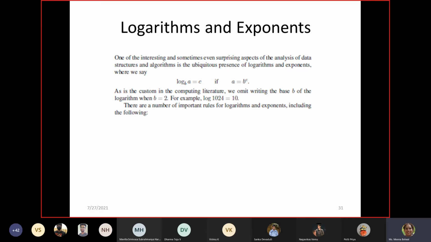So you must know that log 1024 is going to be 10, because 1024 is 2 to the power of 10. Then there are a number of important rules for logs and exponents, including the following.